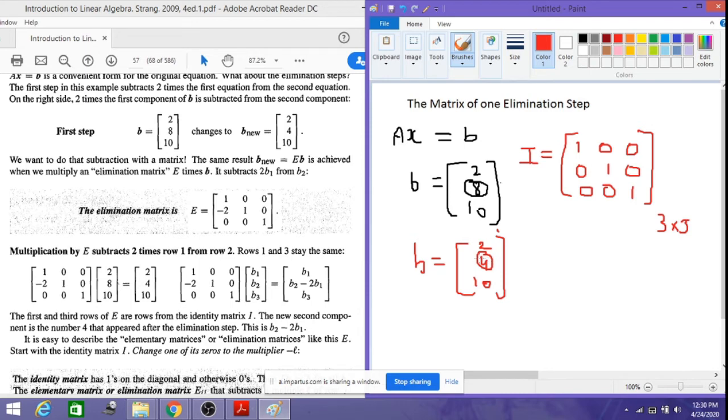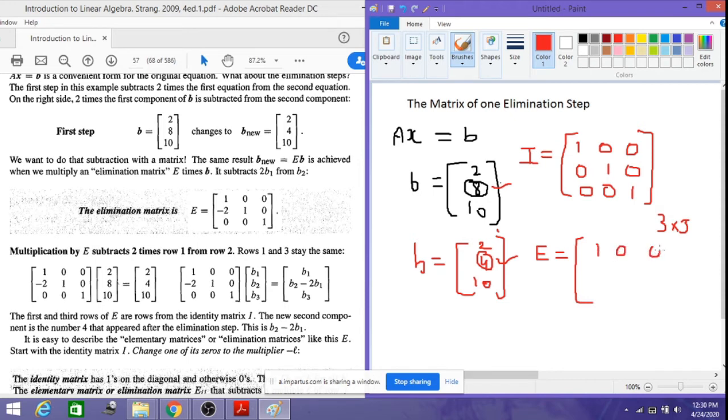Now since I want to change this second component of this vector, here it is 8 and I have to bring it to 4. So what happened? I'm going to multiply this first component by 2 and subtract it from this second, so I'll get this 4, right? So to get that, I'm going to modify this identity matrix.